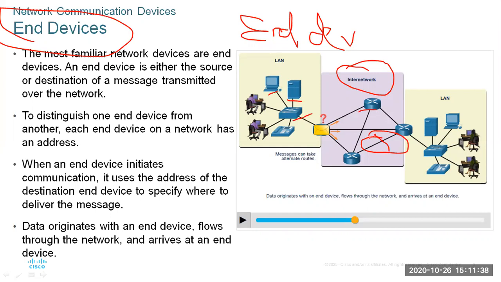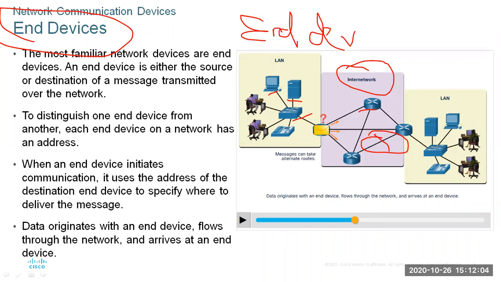Now, the most familiar network devices are end devices, and we said they are either the source of a message, where the message is transmitted or generated, or the destination of the message. To distinguish one end device from another, each one of them has an address.